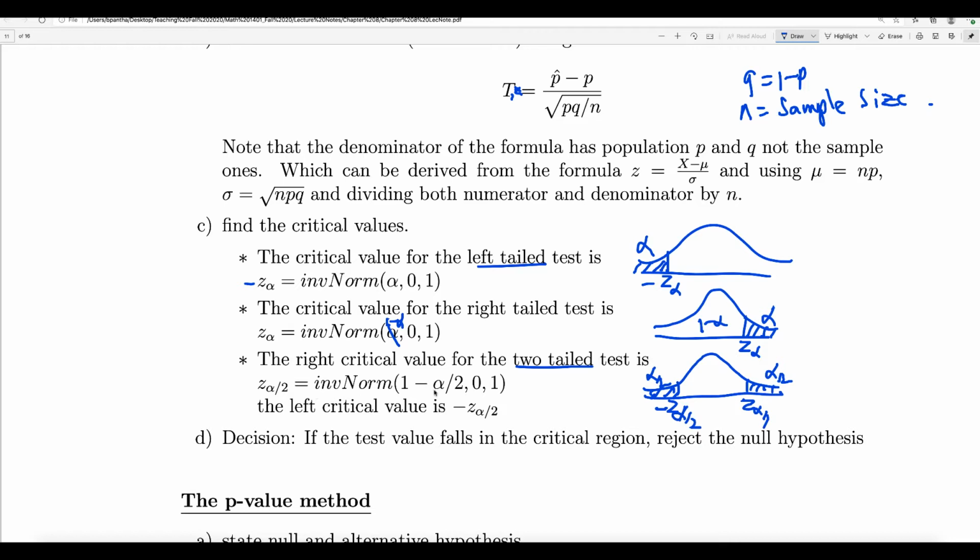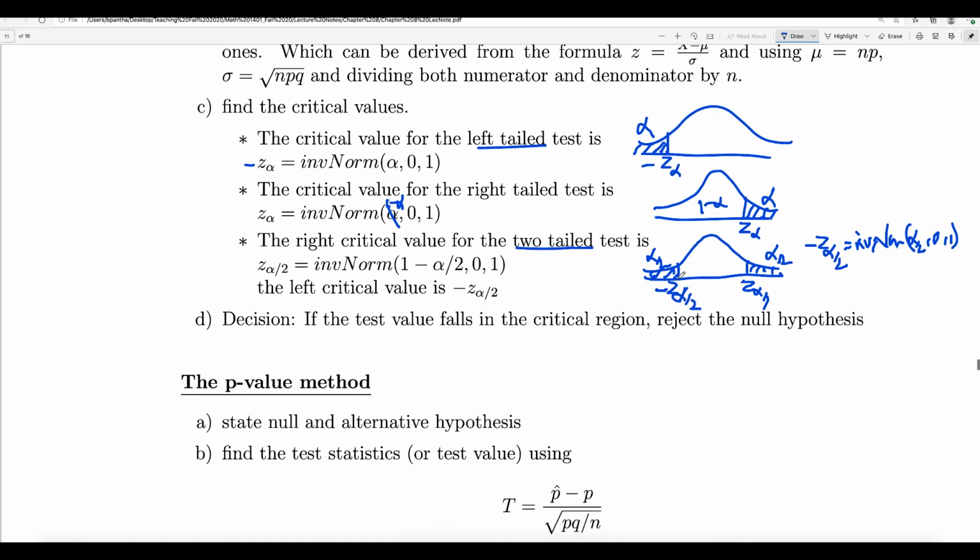For positive, you do inverse norm of 1 minus alpha half, because the right area is alpha half, so the total left area is 1 minus alpha half. Or you can use inverse norm with alpha half, 0, 1, which gives negative Z alpha half, and find the positive one from that.